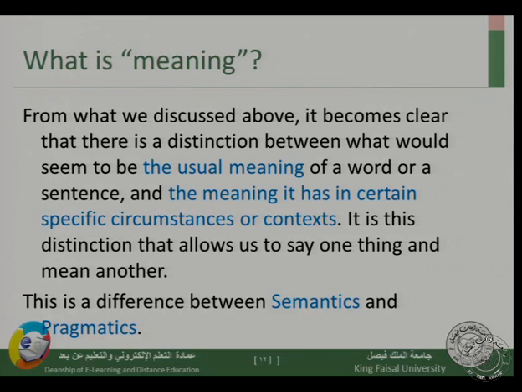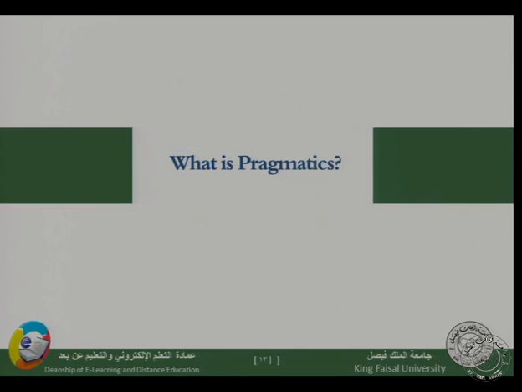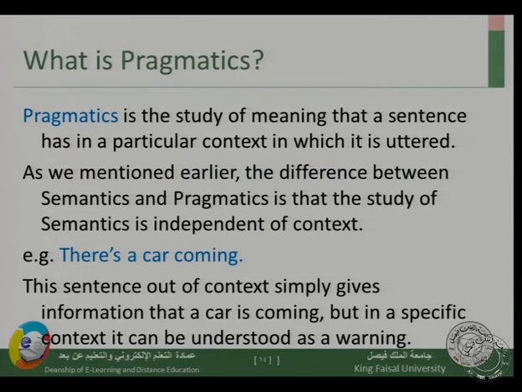And this distinction is what allows us to say one thing and mean another. You can say something like "nice day," but actually mean, no, this is not a nice day. As I said, this is the difference between semantics and pragmatics. So what is pragmatics? This is the last point we're going to talk about here.